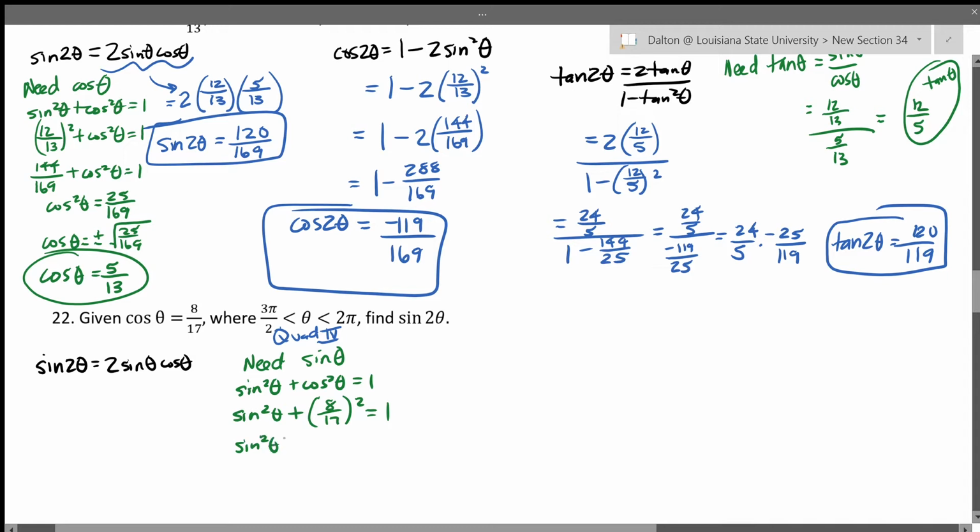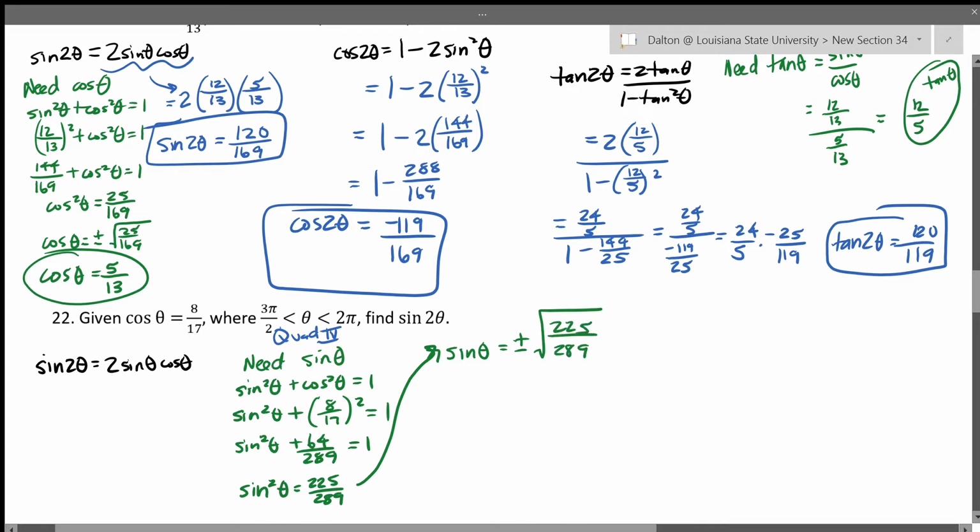So sine squared theta plus 64 over 289 equals 1. If I subtract 64 over 289 from both sides, then I get sine squared theta is equal to 225 over 289. To isolate sine, I'm going to take the square root of both sides. So sine theta is equal to plus or minus the square root of 225 over 289.